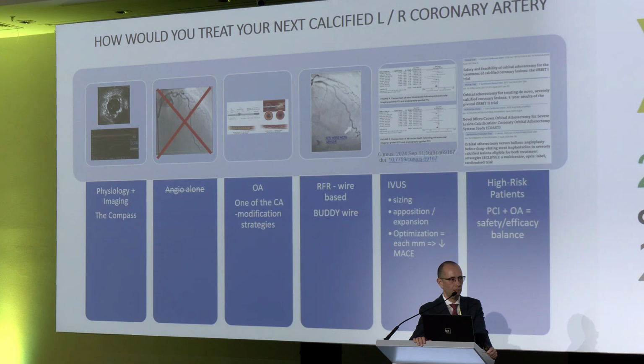And always think about the side branch where you can use a buddy wire, which could be a physiological assessment wire. Always use the IVUS for searching for stent position, stent expansion, and optimize wherever you can, because every millimeter you gain decreases the MACE of the patient.